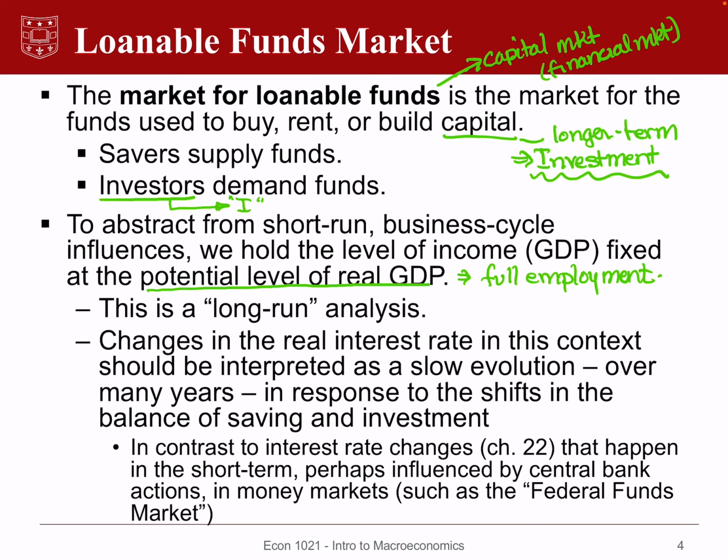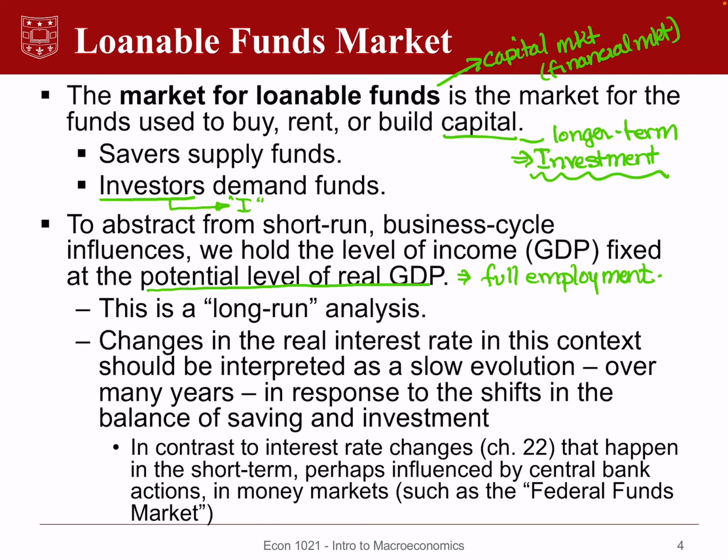In this context, if we were going to think about the movement of interest rates, obviously there's a myriad of interest rates in the macroeconomy. This one is one that we would think of as evolving slowly and one that balances these more longer run things in the macroeconomy: the overall level of savings and the overall level of investment in the economy.